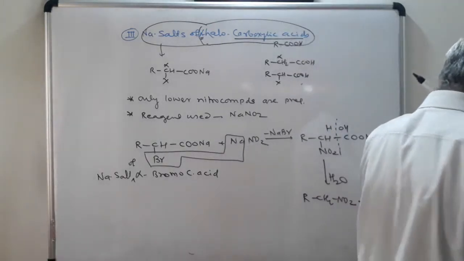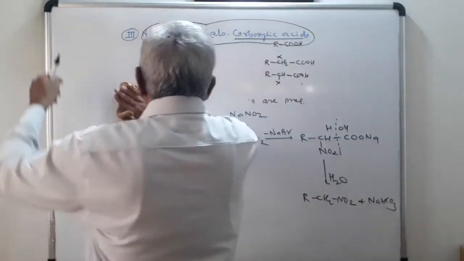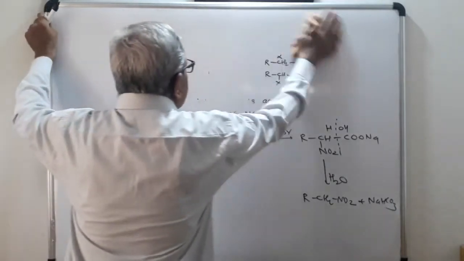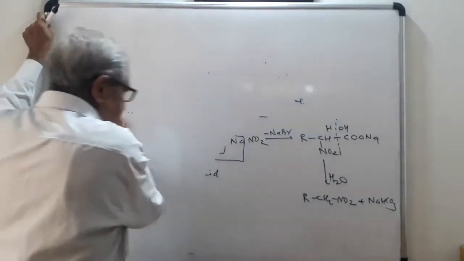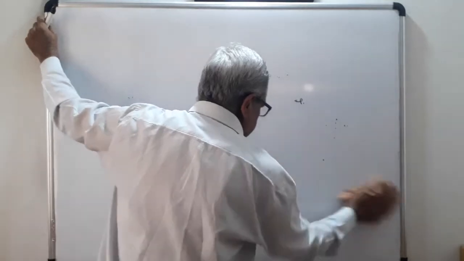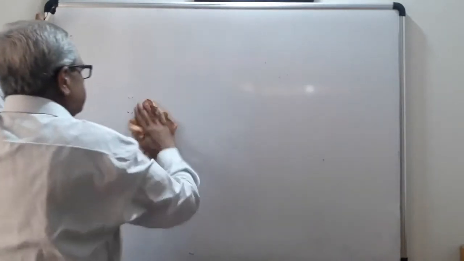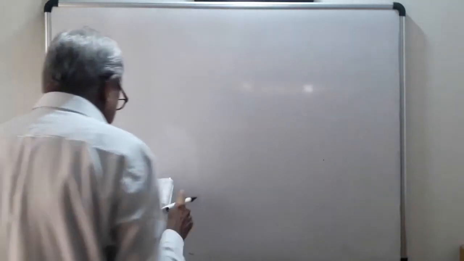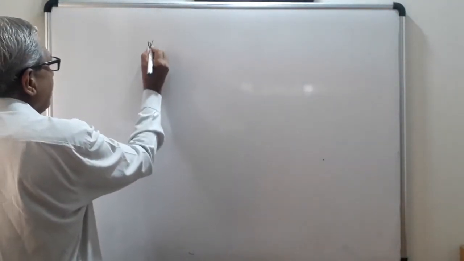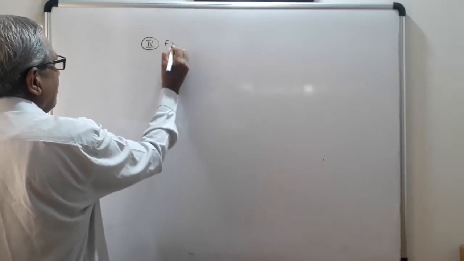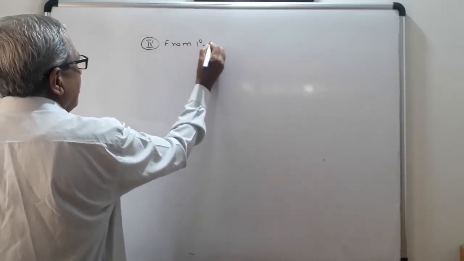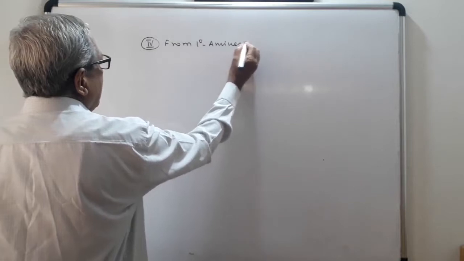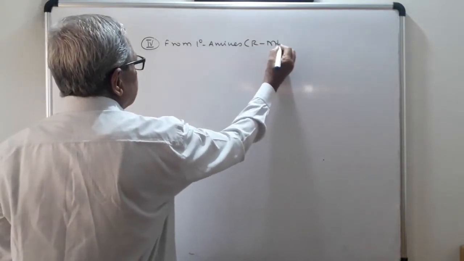Now the fourth method, from primary amines, that is RNH2.